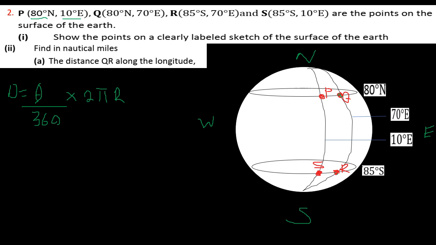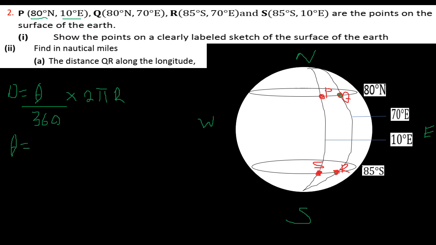So first of all, let's find our theta. So to find our theta, which is the difference, here we are calculating the difference in latitude between point Q and R. So you find that they lie on latitude 80 and 85. Since these are in different directions, in this case you actually add.